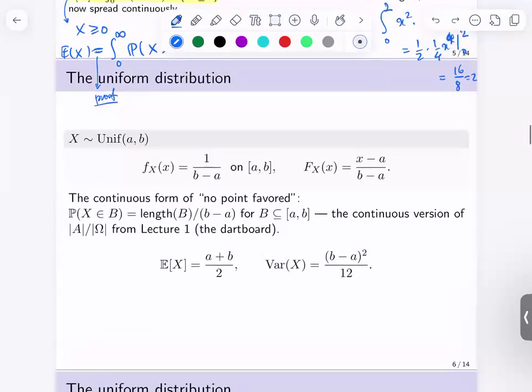The basic one is the uniform distribution on an interval A and B. A random variable has a uniform distribution if the PDF over the interval is constant, and zero elsewhere.